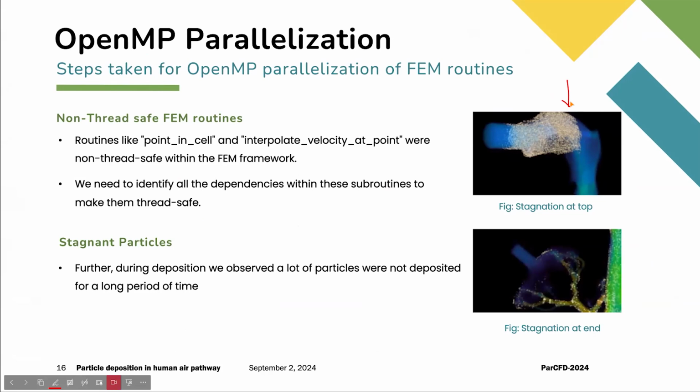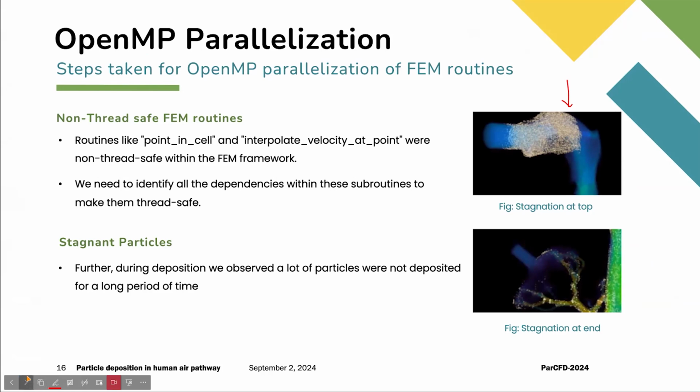Since my exit criterion was that at least 95 to 98% of particles should have either been deposited or escaped, we had to write routines so that if a particle is stagnant for a very long period of time, we ignore it in the calculation. But at the end, we make sure that the percentage of particles ignored from these computations is well within tolerance.